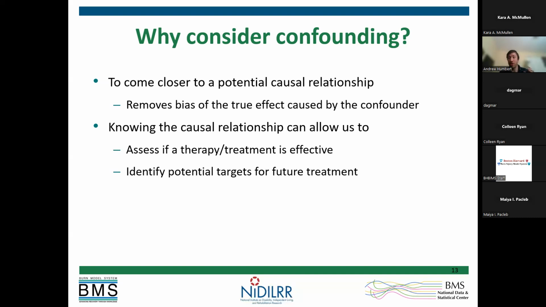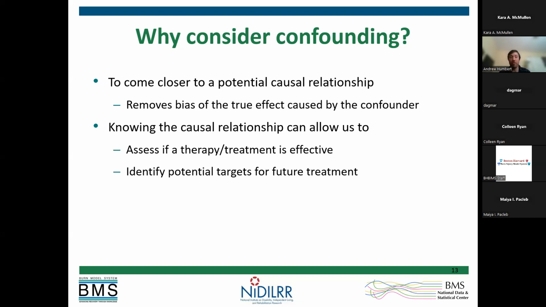If we know that there's some adverse event associated with a specific injury characteristic, then we can say, okay, this is an injury characteristic that we might need to come up with a new treatment or therapy for, because by addressing that injury characteristic, we can hopefully eliminate adverse events or side effects down the road.